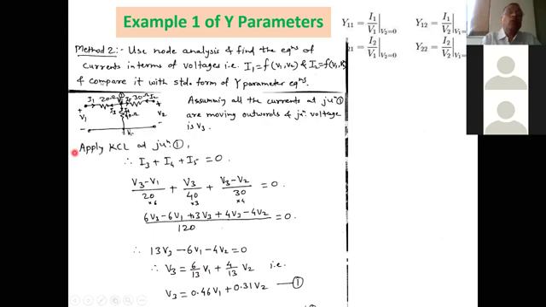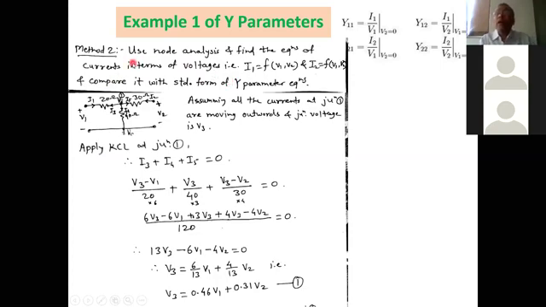So that is method 2, use node analysis. As I have already told you in the previous class also, you can use node analysis or even mesh analysis to find the equations of currents in terms of voltages.